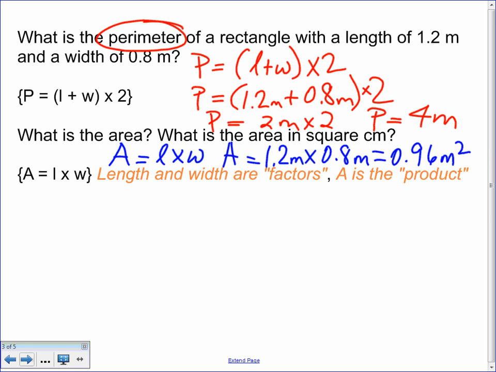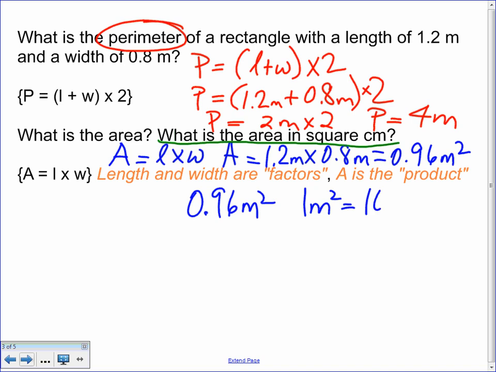I ask you secondarily, what is the area in square centimeters? If you remember back to the last unit, 1 meter squared is how many centimeters squared? 10,000.